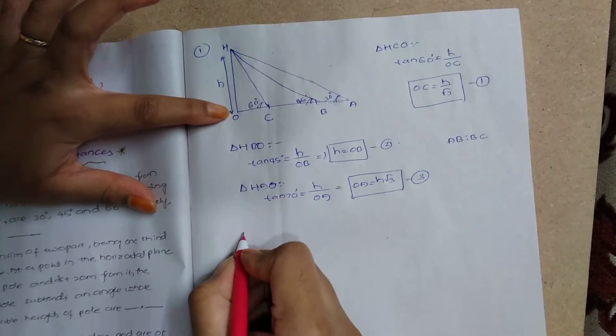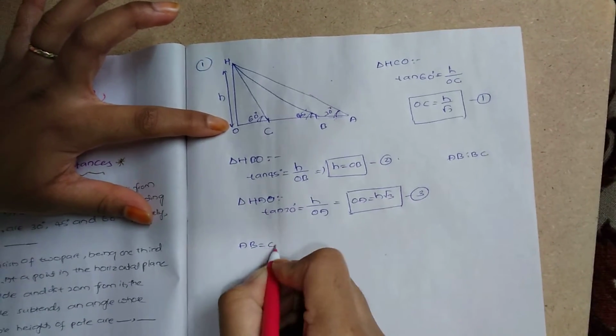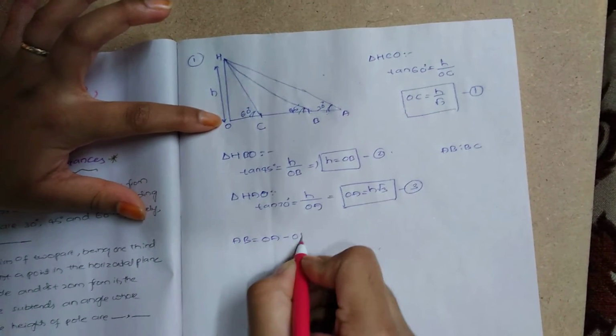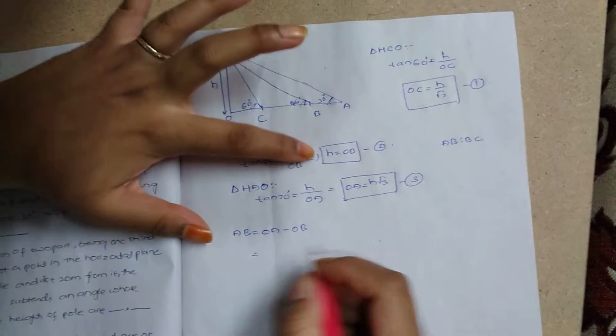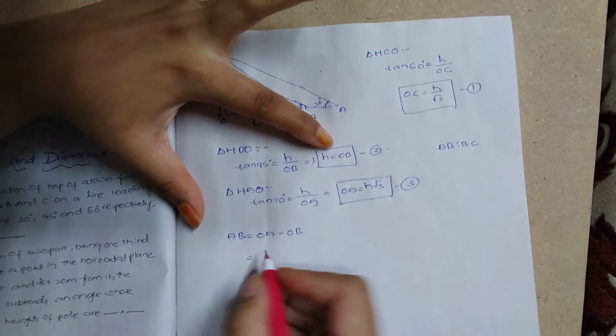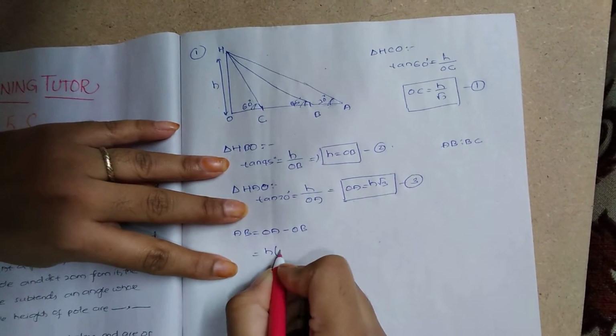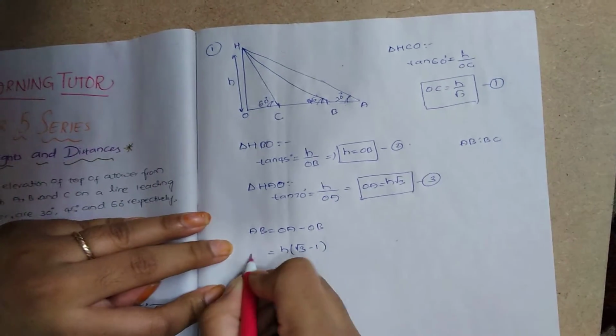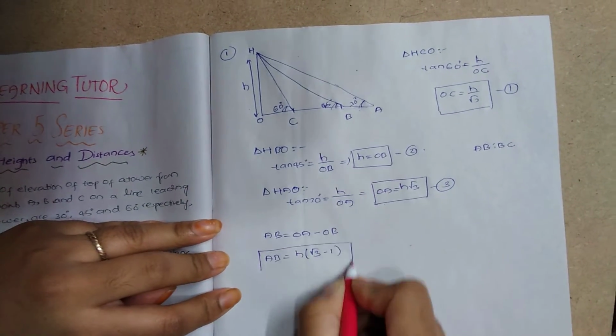So, what is AB? AB can be written as OA minus OB. So, H of root 3 minus 1. Yes, AB is H of root 3 minus 1.